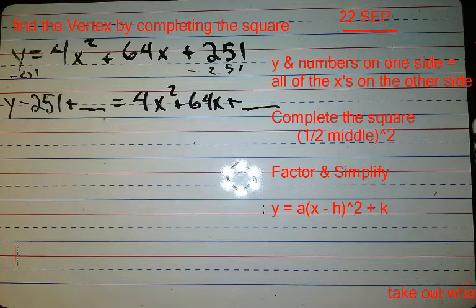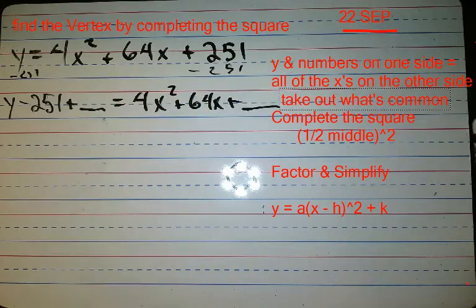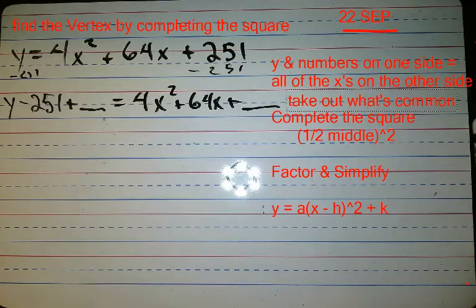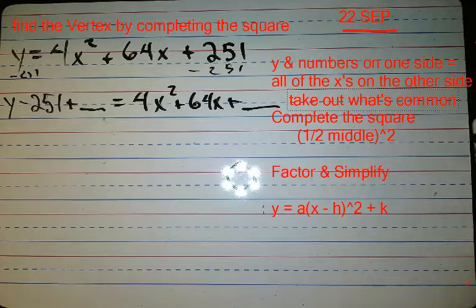So if I take out what's common, I'm going to slide it right in here. I have to take out what's common before I can complete the square. This has to be done before this step. So step 1 is the same. Then I have to take out what's common here.